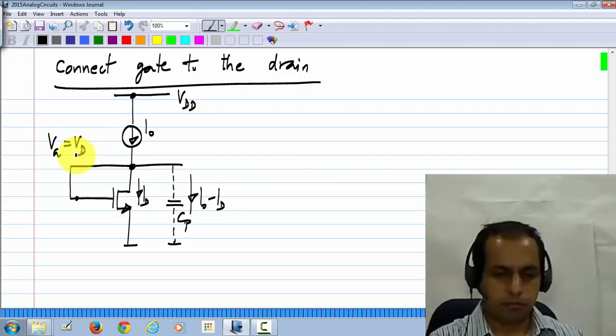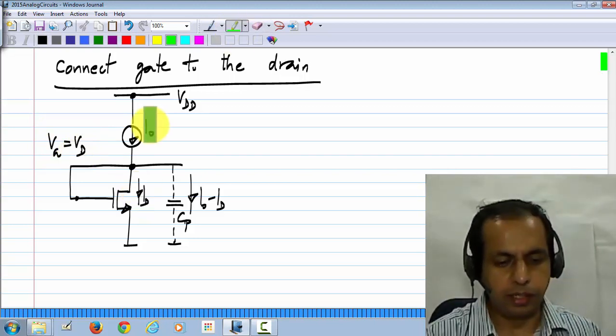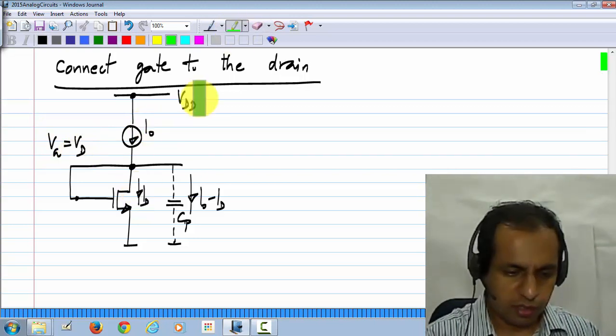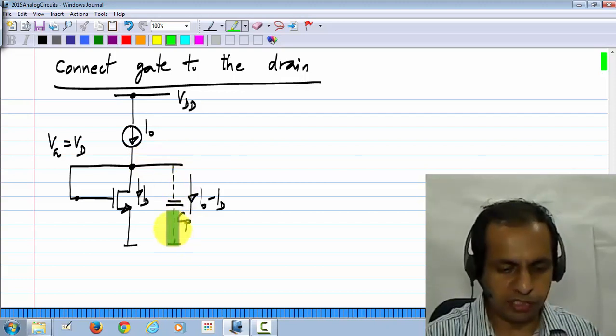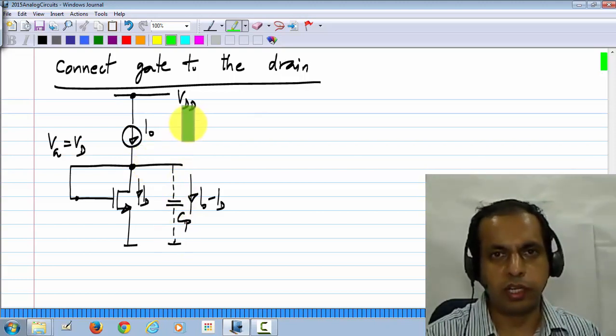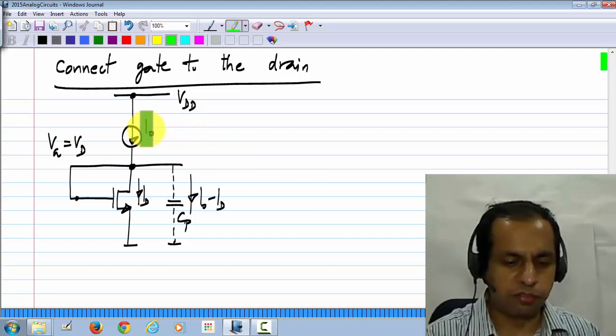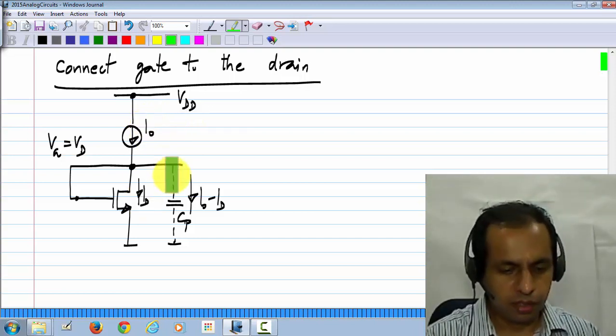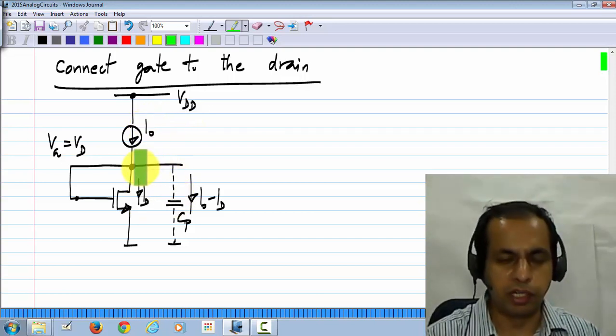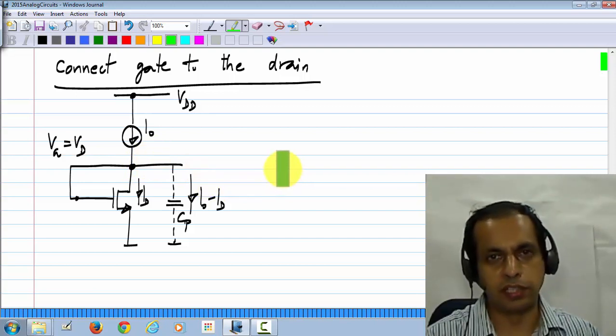What happens now? If ID is smaller than I naught, some current will be flowing into this capacitor and this voltage will go on increasing. On the other hand, if ID is more than I naught, some current will be drawn from the upper plate and this voltage will go on decreasing.